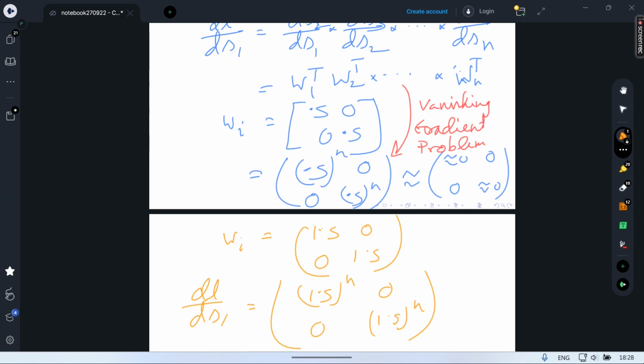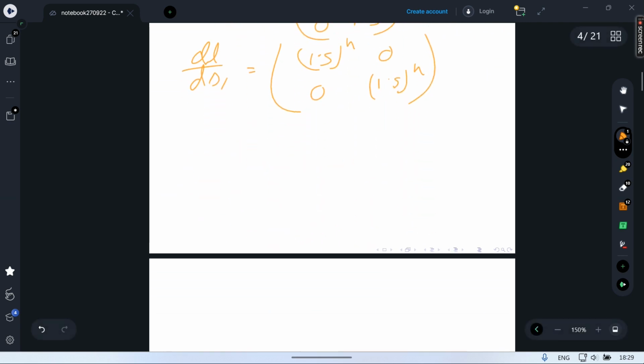Now, what's the problem if the value of the gradient becomes large? If you are familiar with gradient descent based optimization, you know that if the value of the gradients becomes very large, the model becomes very difficult to train. The reason is something like this. Suppose you have a loss function something like this.